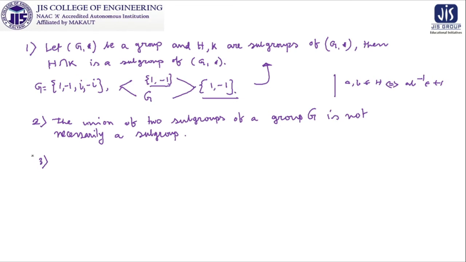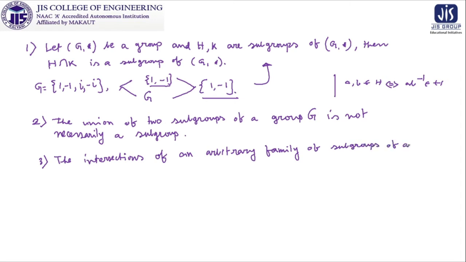Another property I want to mention, because these types of properties sometimes help you in higher or competitive examinations: the intersection of an arbitrary family of subgroups of a group G. Can you imagine what is going to be there?